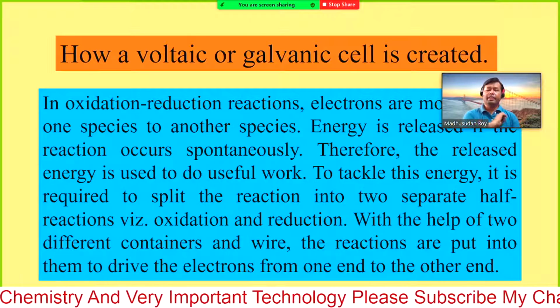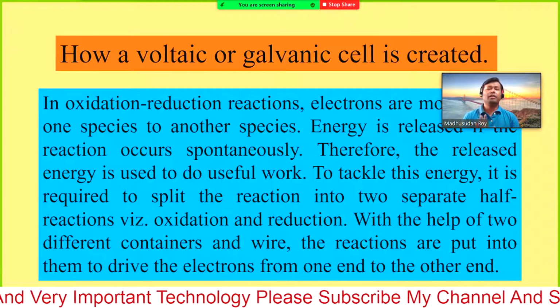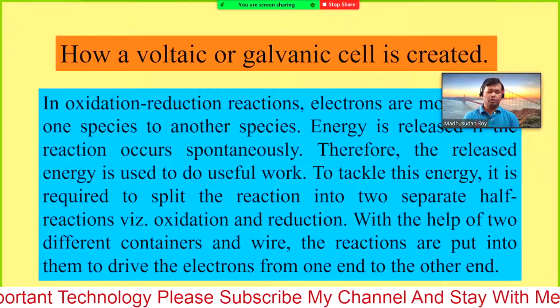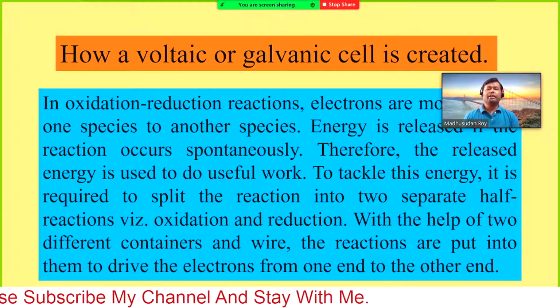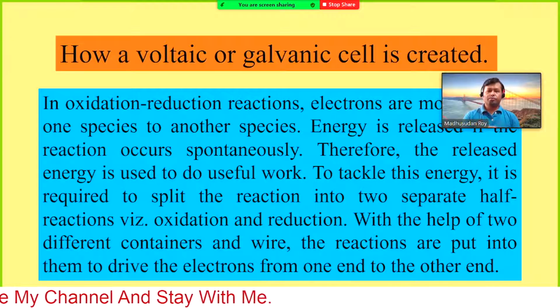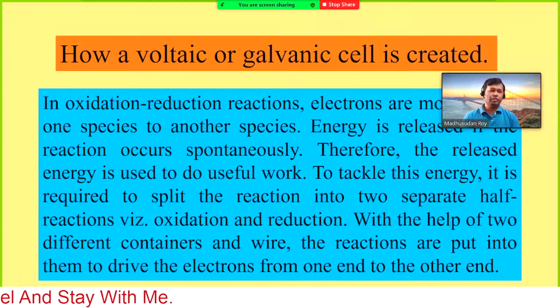There is no reaction where electrons are not transferred. So in all types of reactions, there is a transfer of electrons, and transfer of electrons can be considered as an oxidation reduction reaction.